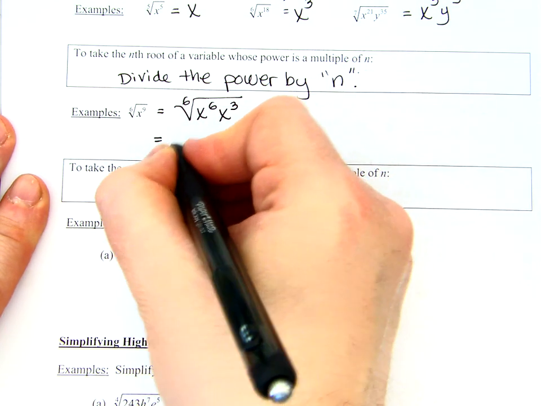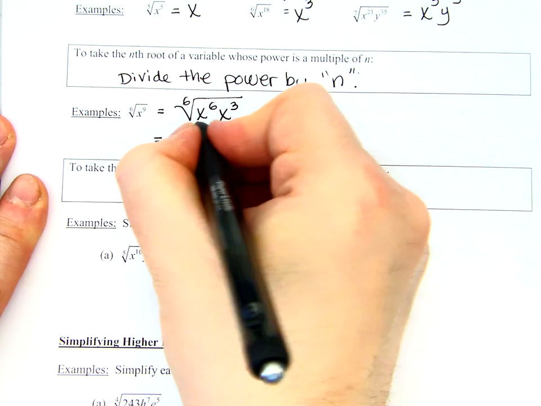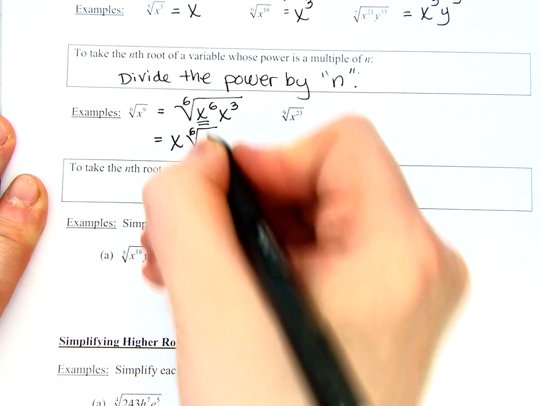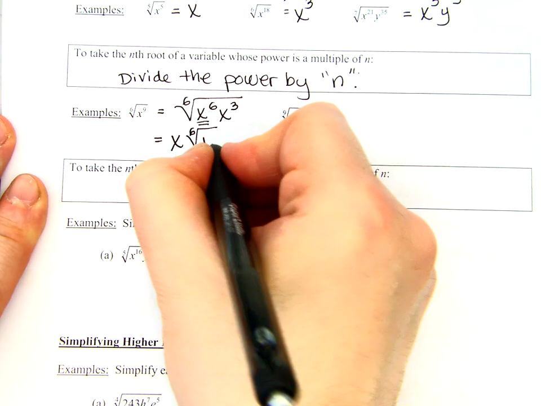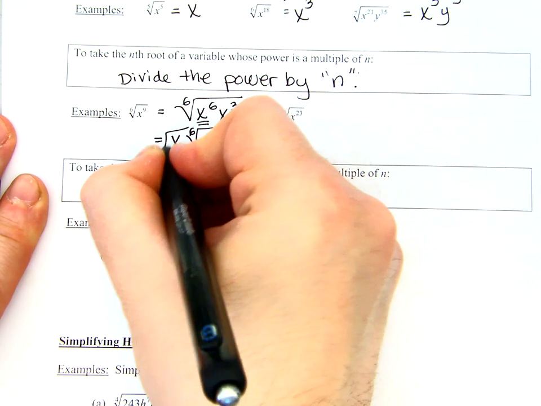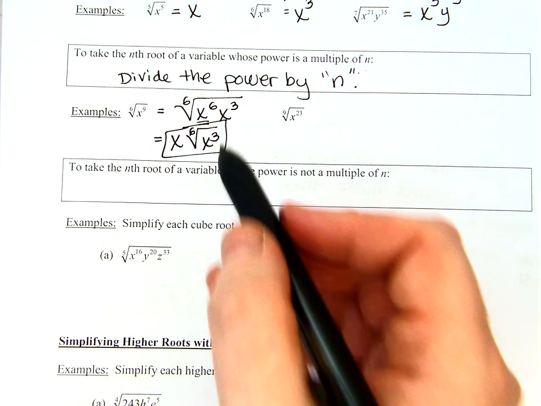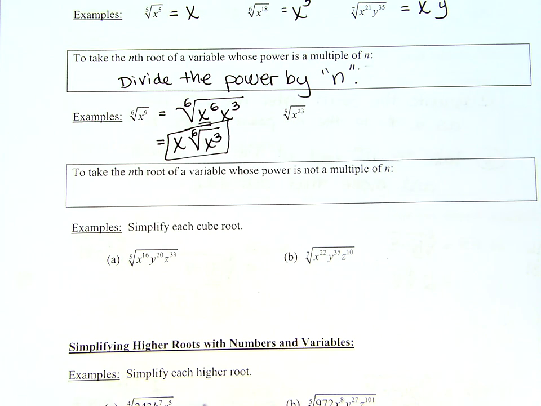Well, hold on. It is going to be x out front because the 6th root of x to the 6th is x. Then I need my 6th root, and what's inside the 6th root? X to the 3rd. Your answer, at least for now, is going to be x times the 6th root of x cubed. In January, we're going to see some weird way we can simplify this and actually turn that into a square root. Not right now, I don't care about that. We're just leaving it like this.